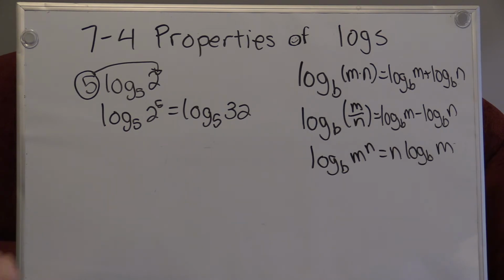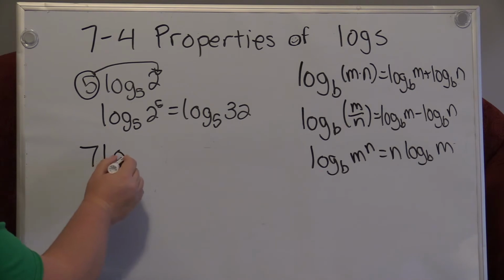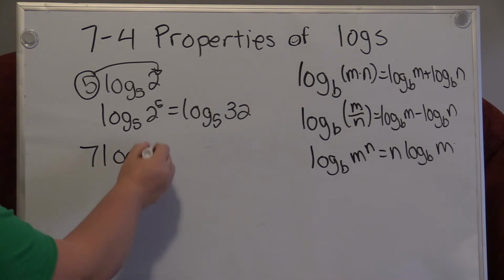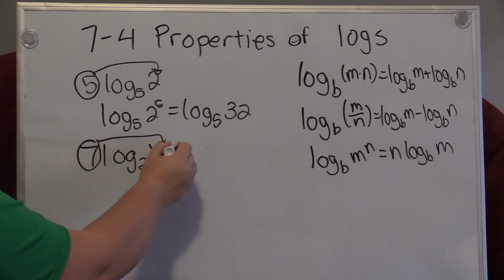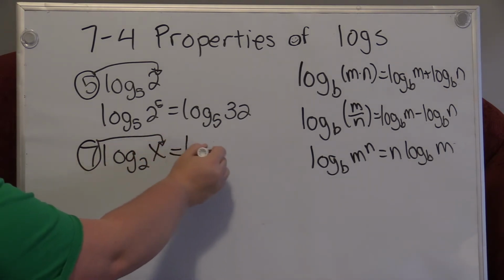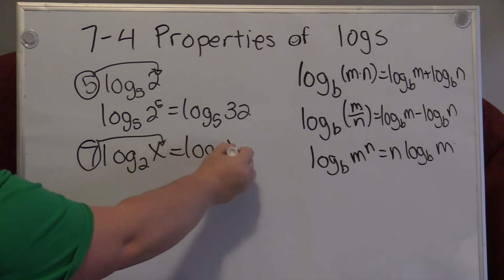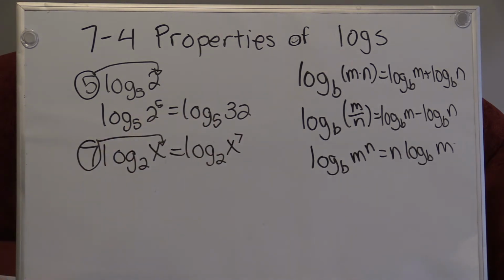My next example is 7 log base 2 of x. Remember, this goes up as the exponent, so this becomes log base 2 of x to the 7th.